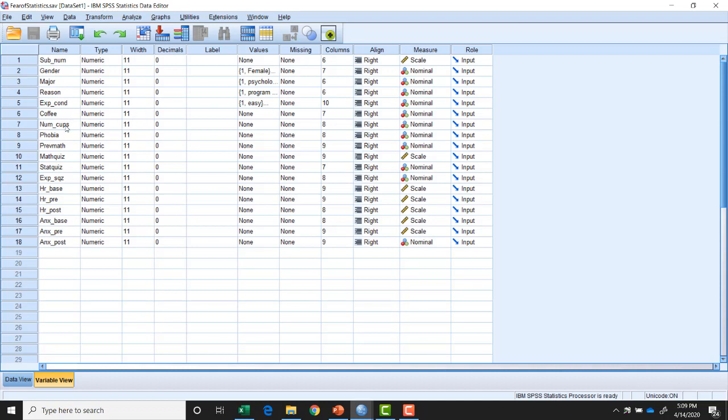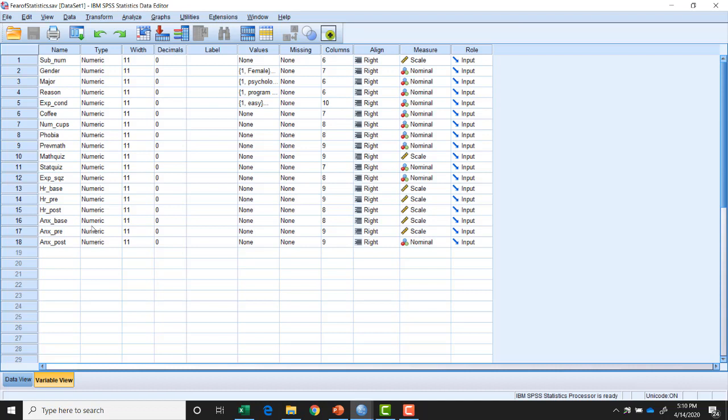Things like the amount of caffeine, some scale about how phobic you are of statistics, how many previous math classes you've actually taken, your results on maths and stats exams in the class, and then some measures of things like heart rate, your base heart rate, directly before you take an exam, directly after your exam, and also some measure of anxiety as well.